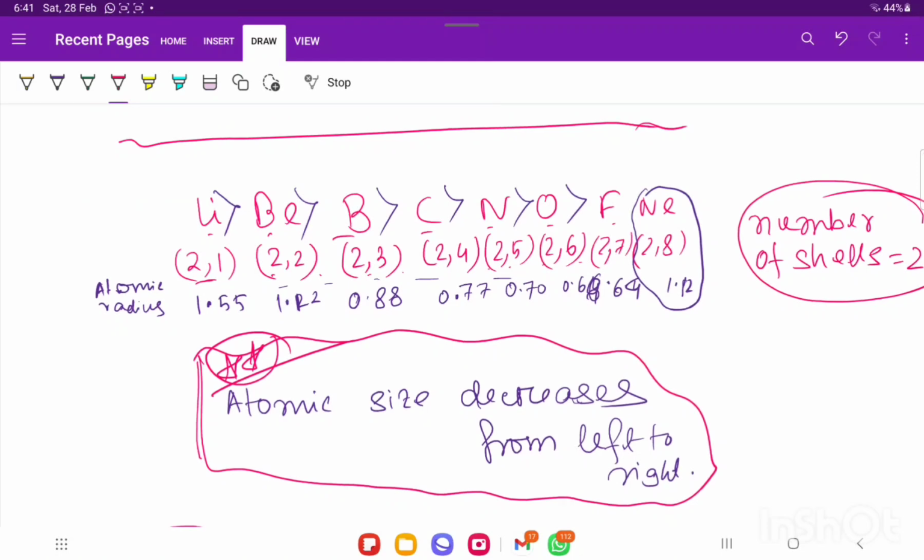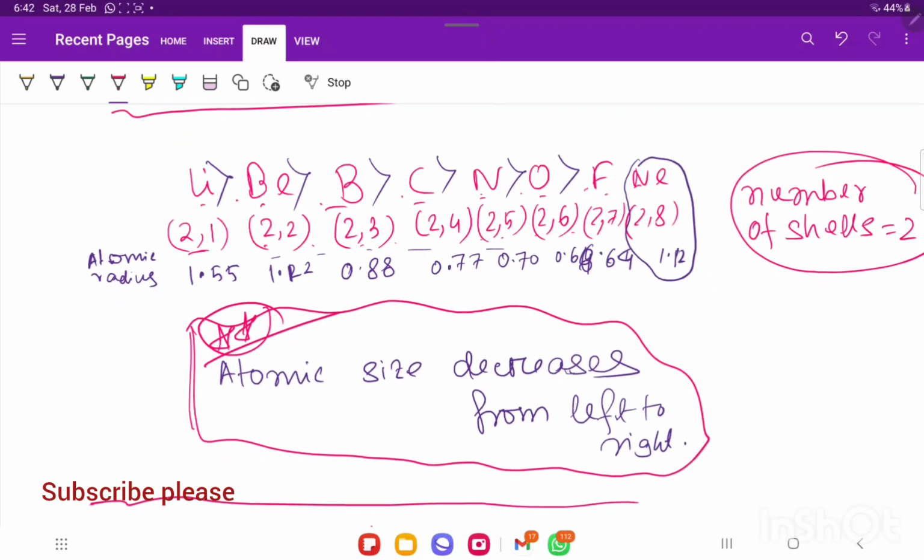Now the second factor is nuclear charge. More and more electrons are being added in the last orbital, so there will be more and more attractive force with the nucleus, and the size will decrease. In this case, lithium, beryllium, boron, carbon, nitrogen, oxygen, fluorine have more and more attraction, more and more nuclear charge, so their atomic size gradually decreases.